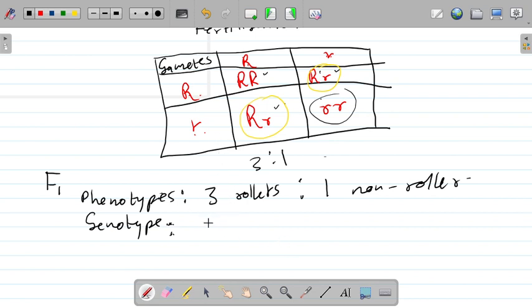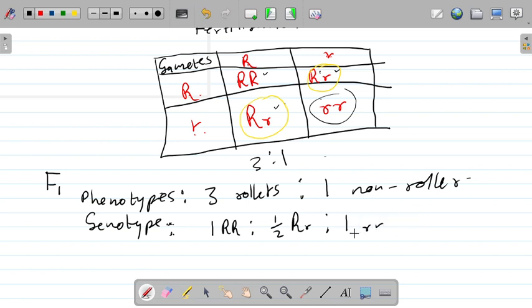And then for these ones, the genotypic ratio might be slightly different. We have 1 big R, big R, that's homozygous dominant, is 2, 1 over 2, that's 2 over 4 basically. Big R, small r, heterozygous roller, and then is 2, 1 non-roller, which is small r, small r.